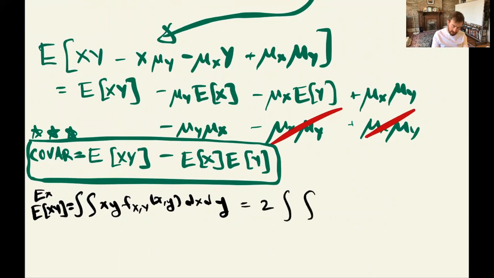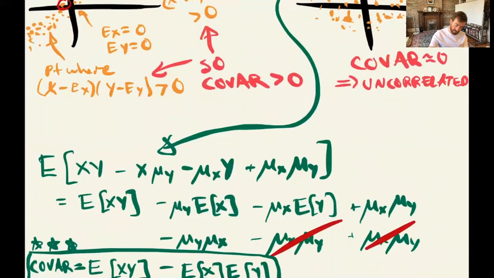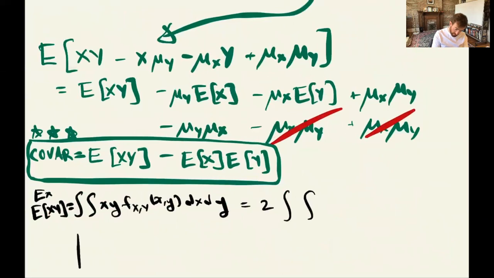Well, if I'm integrating out x first and then y, there are a couple ways of approaching it, but let's do it this way. If I'm fixing y and letting x vary, you can see again that this goes from x equals 0 to x equals y.